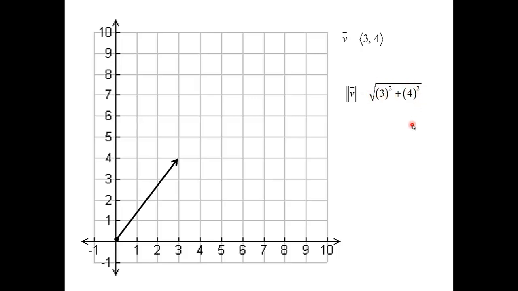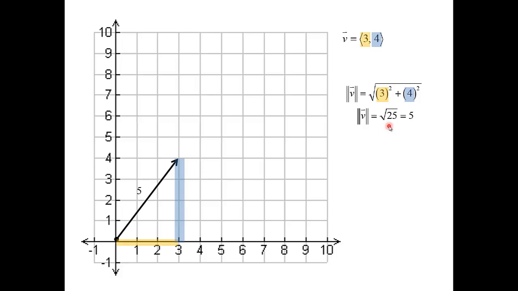And notice that's just the Pythagorean theorem. So what we have here is the x, I square that, a squared plus b squared equals c squared. See, the magnitude. So there you have it. There's the magnitude, which is the hypotenuse of that right triangle.